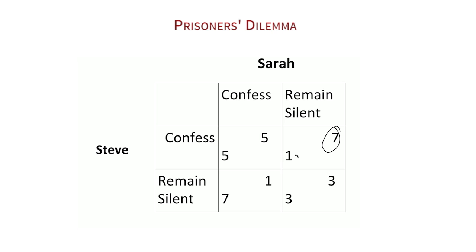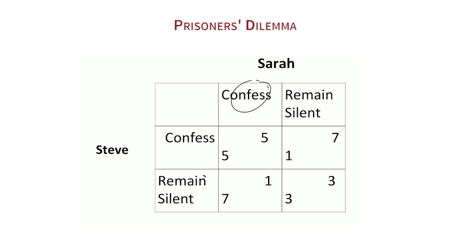On the other hand, if Steve confesses and Sarah remains silent, Steve gets a good deal. He gets time off for confessing, and he only goes up for 1 year, which is even less than in the case of the less serious crime. And the reverse happens, of course, in the case of Steve remaining silent and Sarah confessing.